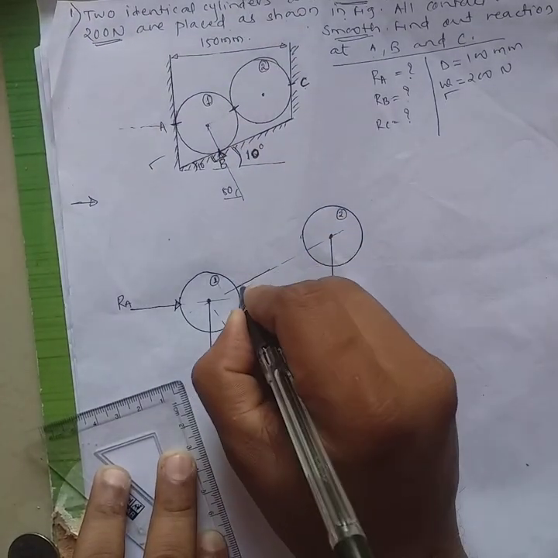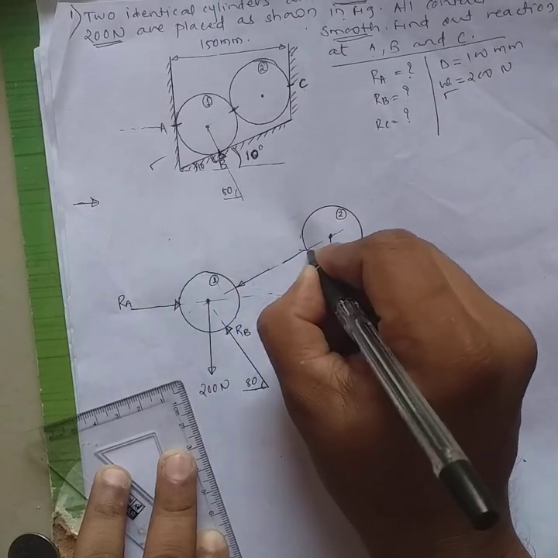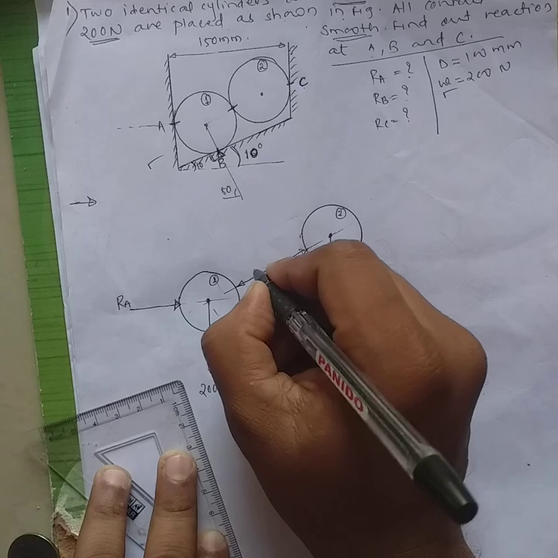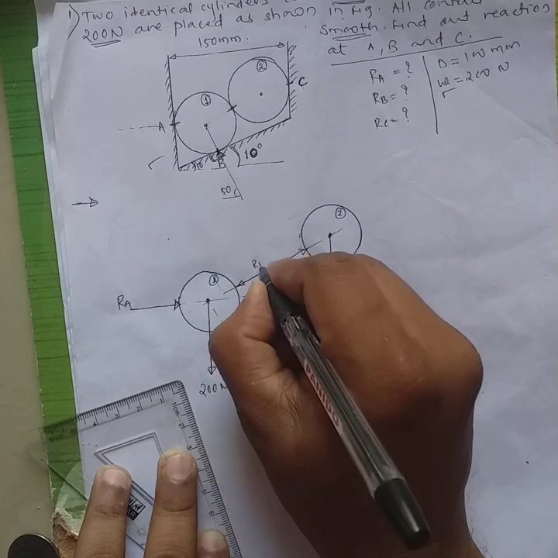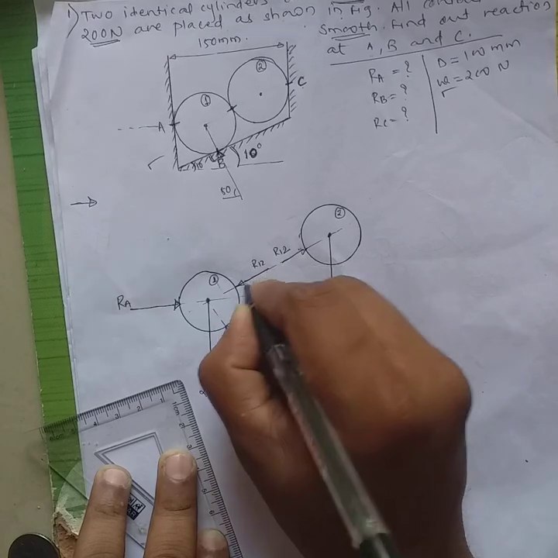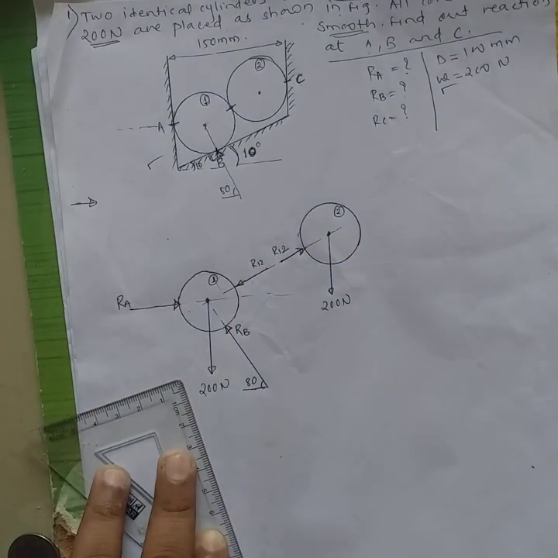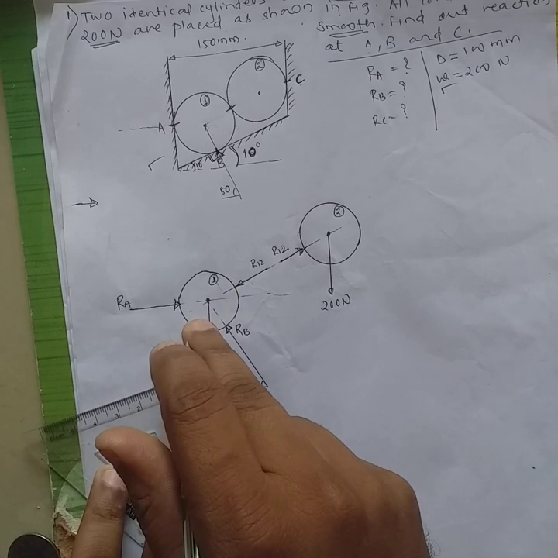Cylinder number 2 will have a reaction like this and cylinder 1 will have a reaction like this. You can consider this as R12, equal and opposite reactions from each surface. So this is the FBD for cylinder number 1.